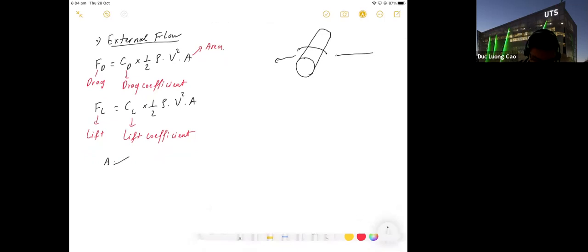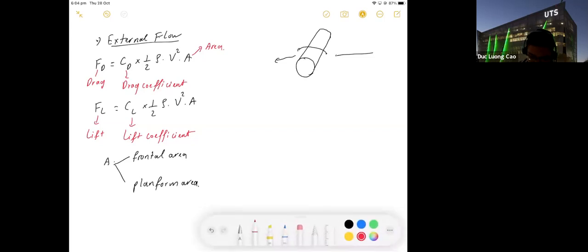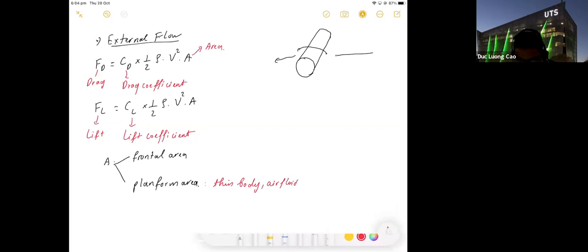The frontal area will be used for almost all objects, but the planform area will be used for a thin body or airfoil. Other objects use the frontal area.